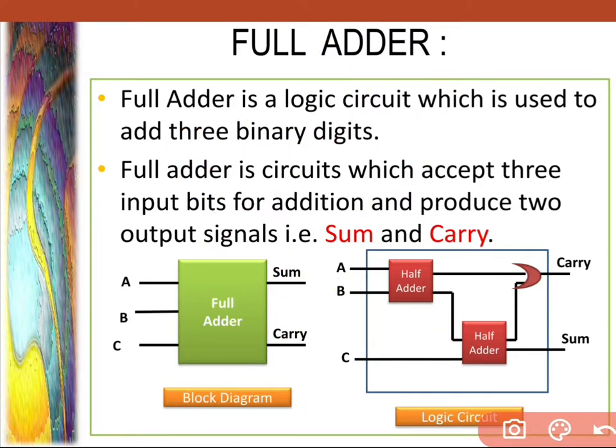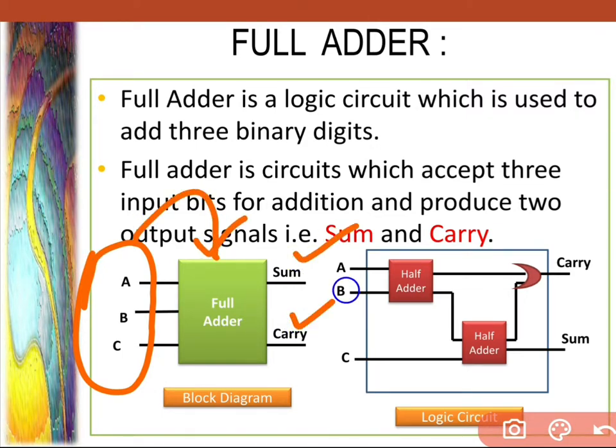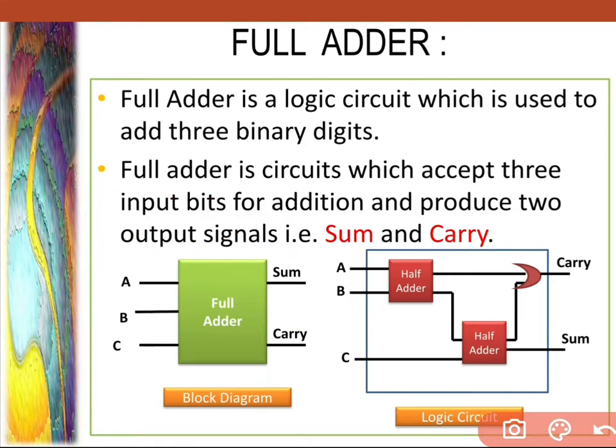The same funda we are using here also. We are entering three bits as input, and then we are getting the output as sum and carry. The full adder produces two output signals, that is sum and carry. Inputs are three and we are going to add three binary digits.